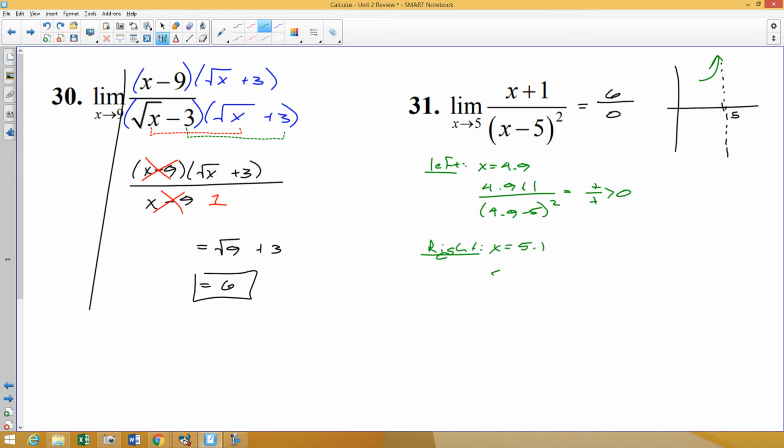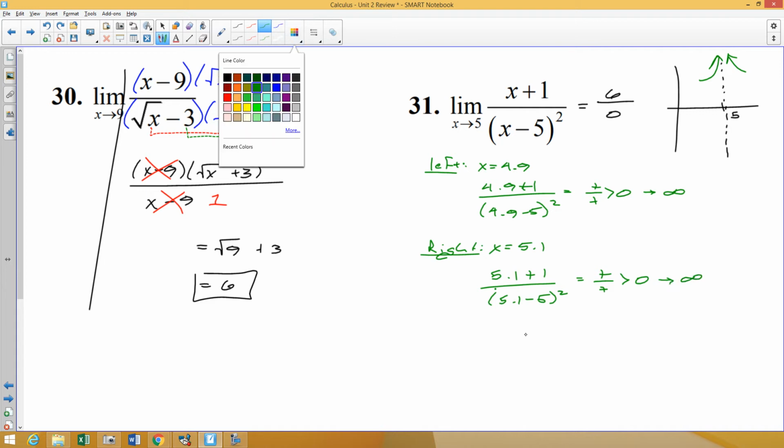And if I do that, 5.1 plus 1 over 5.1 minus 5 squared, and that will also give me 2 positives, which means my right side is also going up. Because left and right are going in the same direction, they are both going to infinity. That means that the overall limit is approaching infinity. So therefore, the answer is infinity.